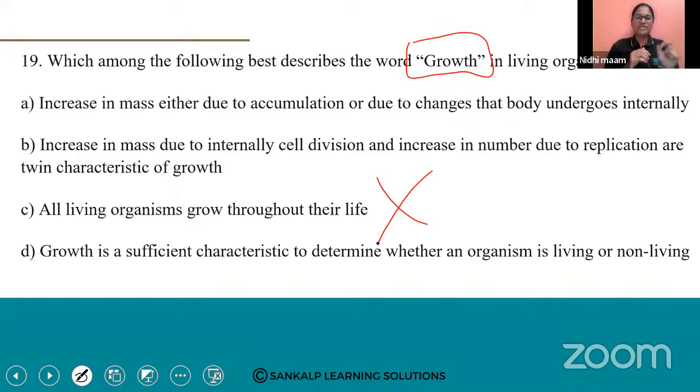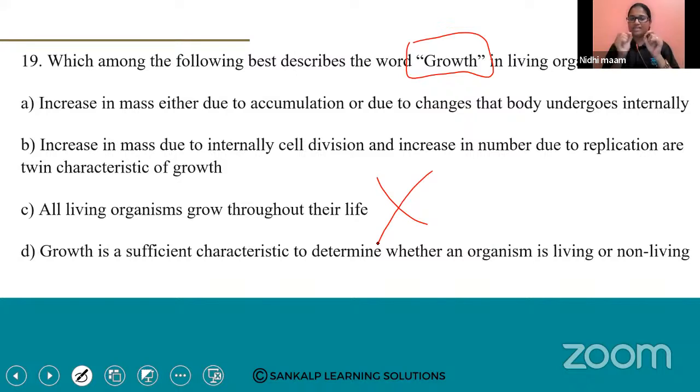Growth is a sufficient characteristic to determine whether an organism is living or non-living. Not only growth. For example, when we see the mountains, right? Due to the snowfall, they might increase in their height, which we will feel as growth, the mountains are growing.